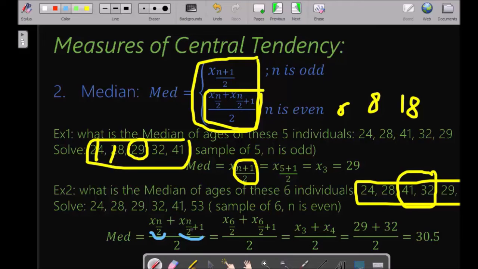So we have n = 6. So this is 6 divided by 2, it's 3, and 3 plus 1, it's 4. So the median is going to be the mean of x3 and x4. I don't need the others, I need this 3rd and this 4th. You see, sum them, divide by 2, I get 30.5. This is our median for this sample.